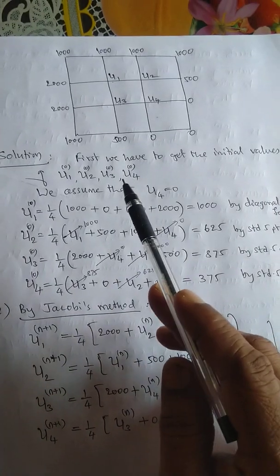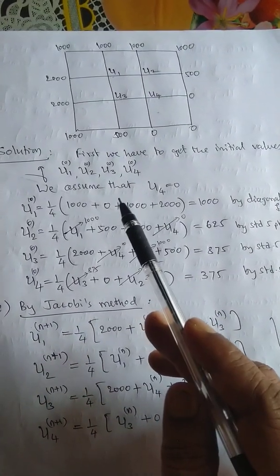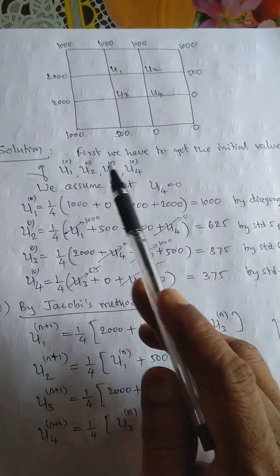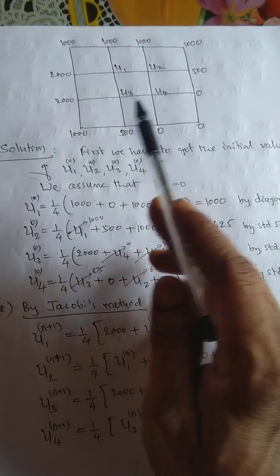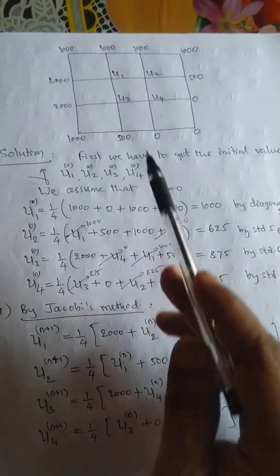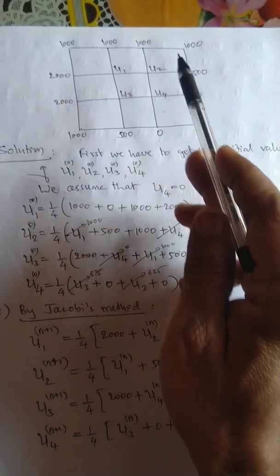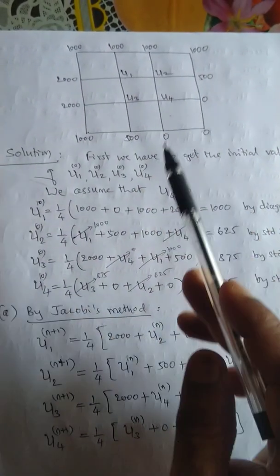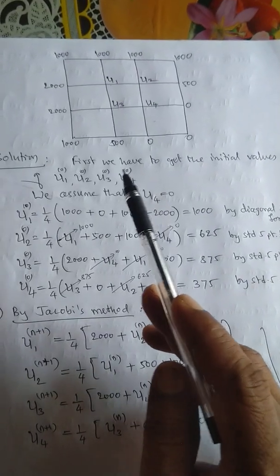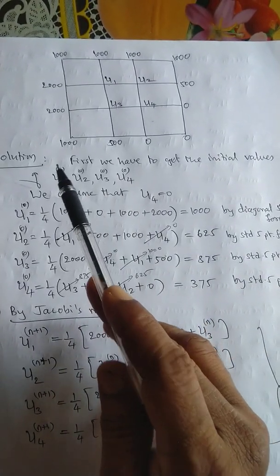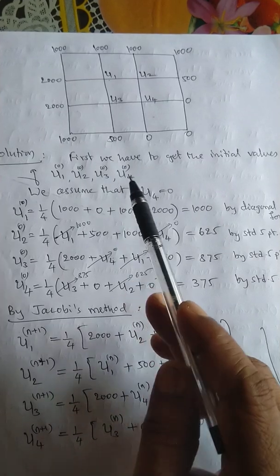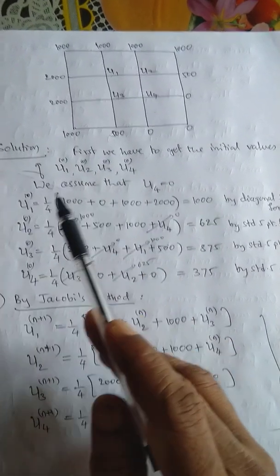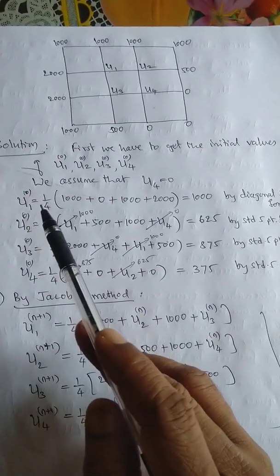Solution. Before we start the solution, we first calculate the initial approximations of U1, U2, U3, U4. Given the boundary values, we are able to calculate them. First the initial approximations, that means U1 naught, U2 naught, U3 naught, U4 naught.